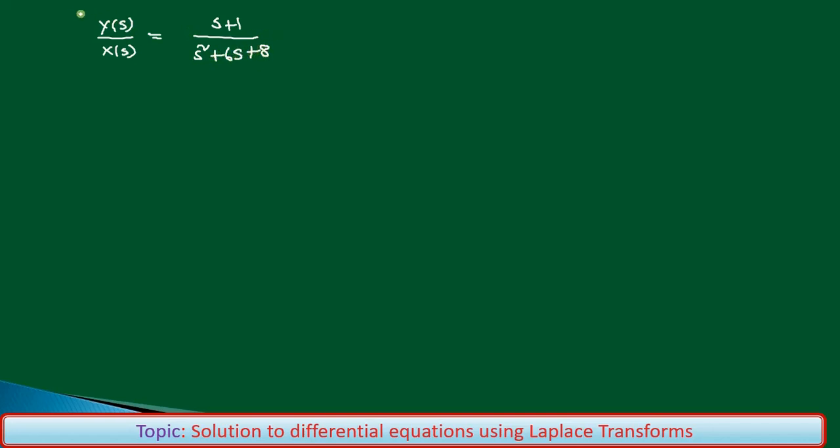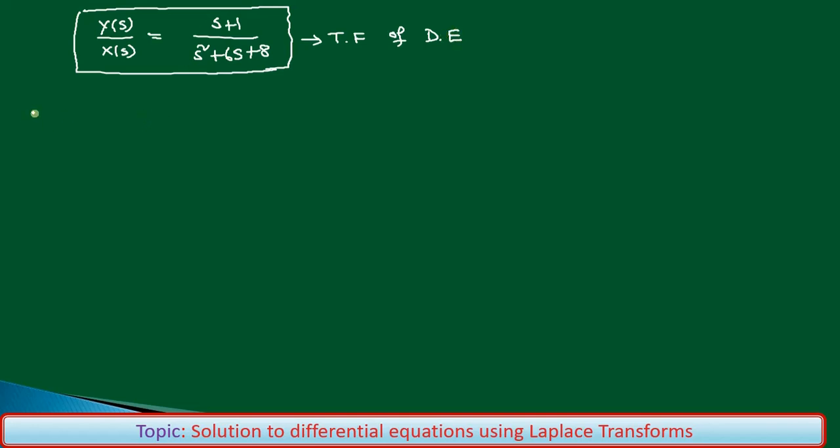So this is the transfer function of the differential equation. This is the first part of the solution.